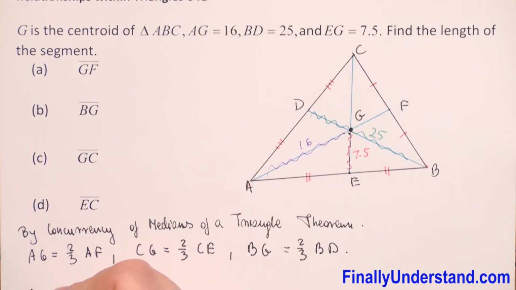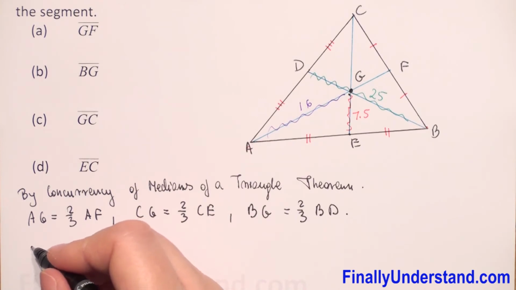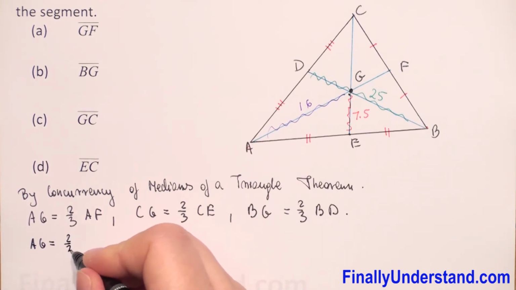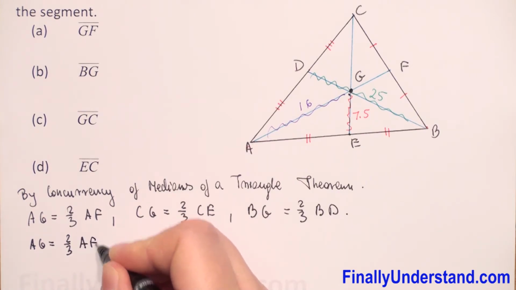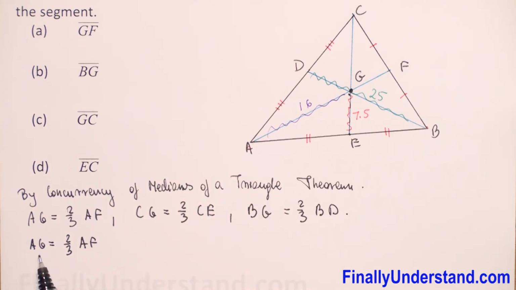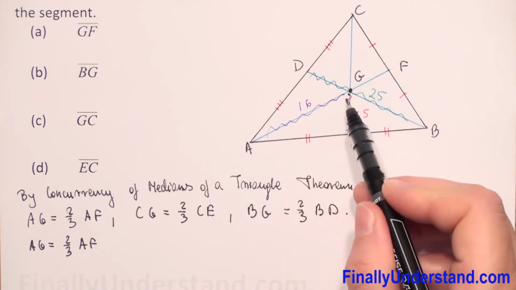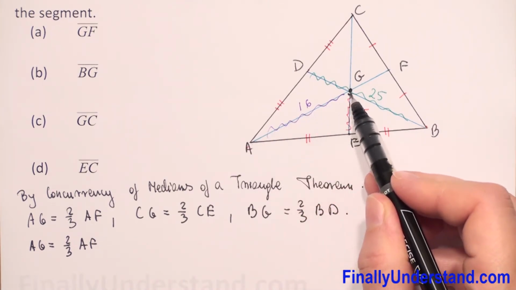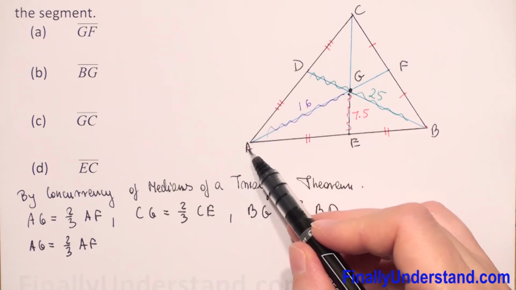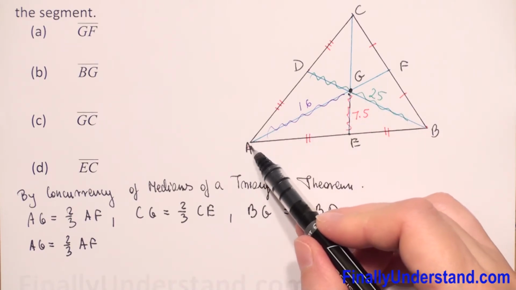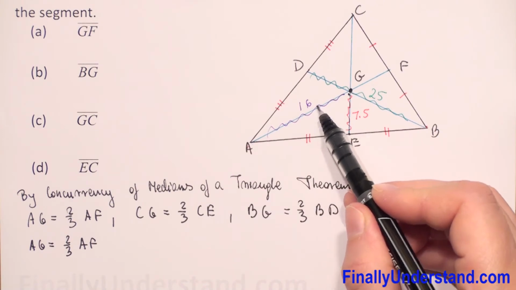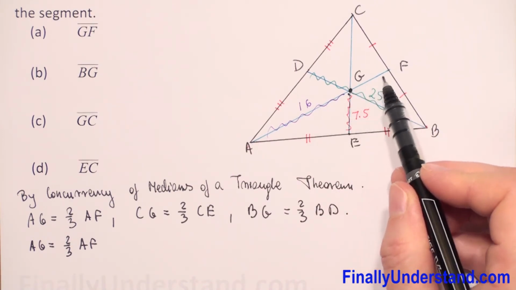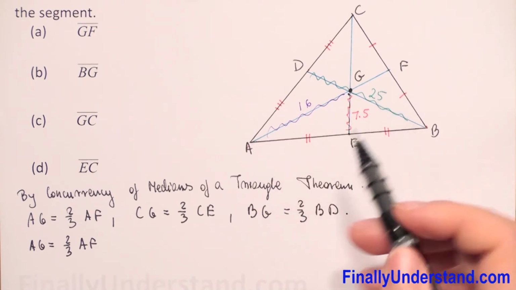We have that AG is equal to 2/3 of AF. So we have given AG is equal 16. If we have this part, we can find AF. And if AG is equal to 2/3, it means that GF is equal 1/3 of AF.